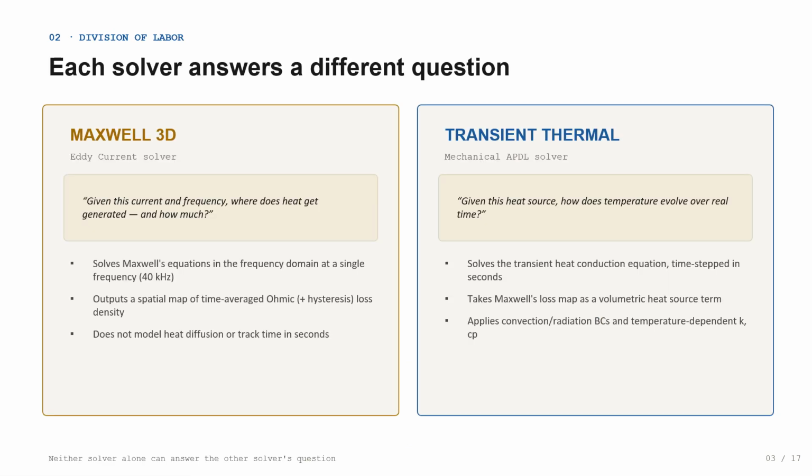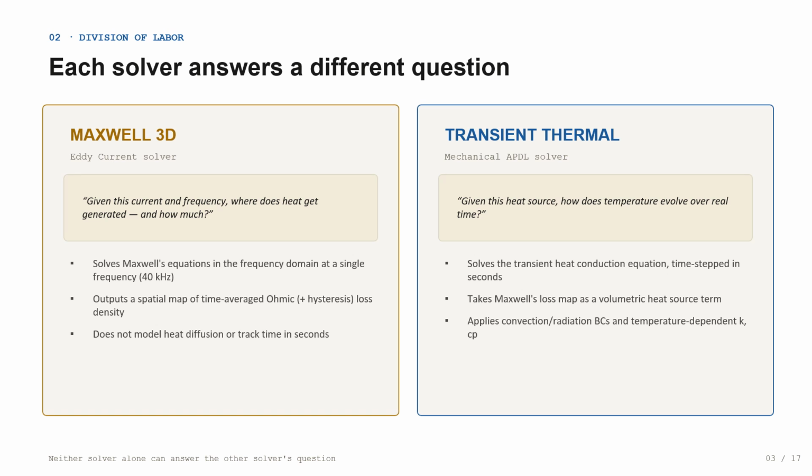Before we go further into the mechanics of the coupling, I want to be very precise about what each solver is actually responsible for, because confusing the two is the single most common conceptual error I see in multiphysics work. Maxwell 3D on the left is an eddy-current solver. It answers exactly one kind of question. Given this current and this frequency, where in space is heat being generated, and how much?